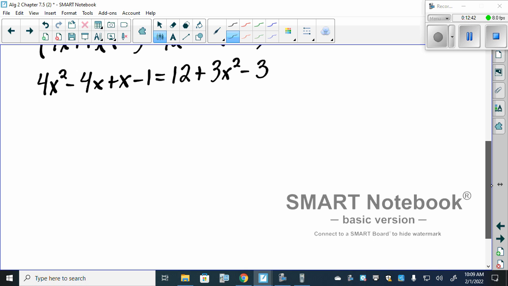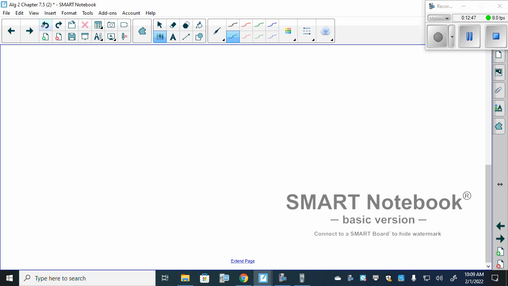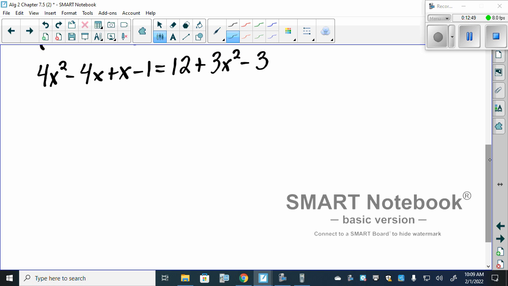Now, looking at this here, we need to go on and combine like terms. 4x squared has no like terms over here, but the negative 4x plus x would be negative 3x minus 1 is equal to, well, the other side does have like terms of the 12 and negative 3, which would give us plus 9.